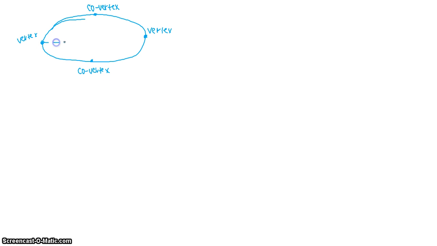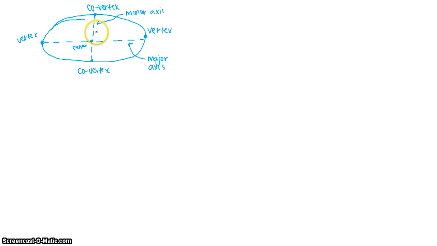The axis going from one vertex to the other vertex is called your major axis. And you have another axis going between your co-vertices, and we call that your minor axis. In the center where those cross is your center.